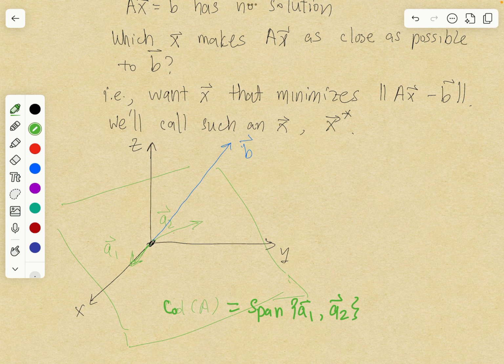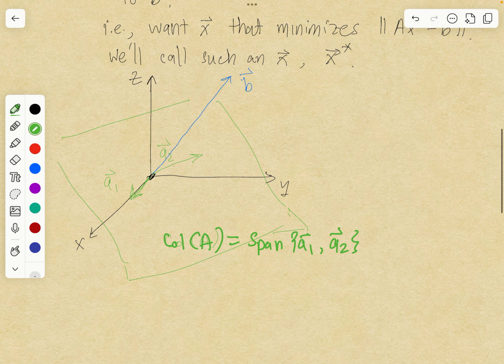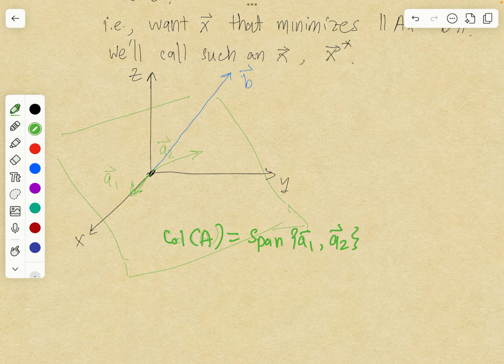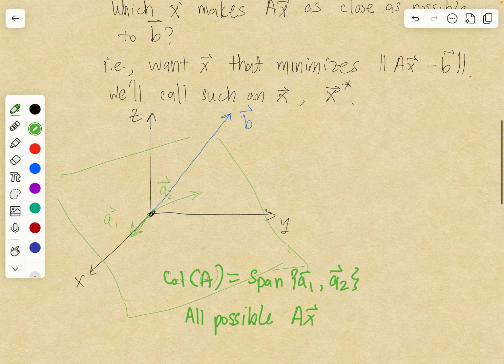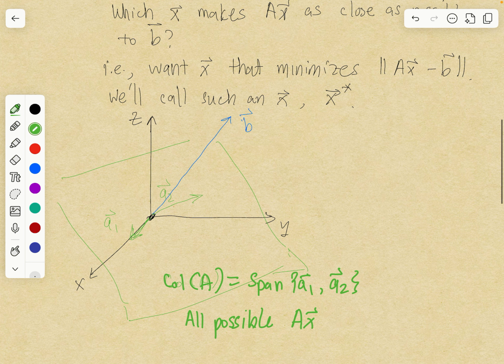Column space of A. And remember that that's the collection of all possible A times x, right? If you take all the x's in R2 and then do A times x and see what results you get, you get the vectors on this plane, the column space of A. It's the span of the columns of A. And since b is not in the span of the columns of A, there's no x such that Ax equals b.